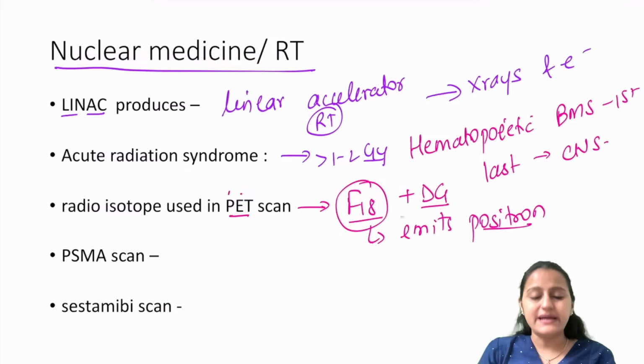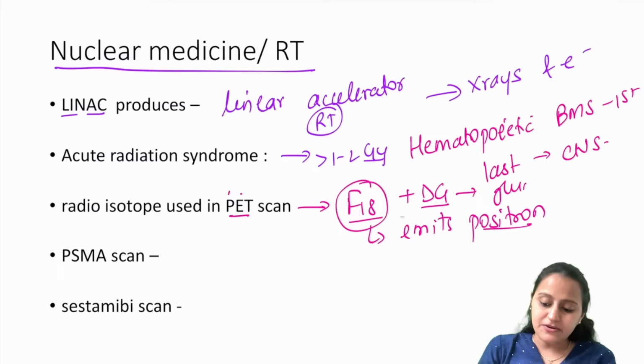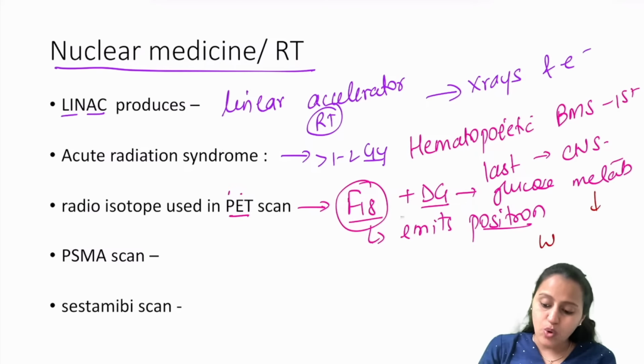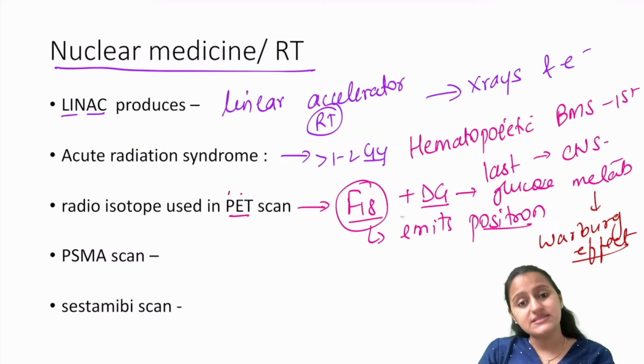Most commonly, you bind it to deoxyglucose. So it is dependent on glucose metabolism. What is the principle? Remember Warburg effect. Warburg effect is what we see in cancer cells. Okay. So remember Warburg effect, glucose metabolism, F18, all this is for PET.